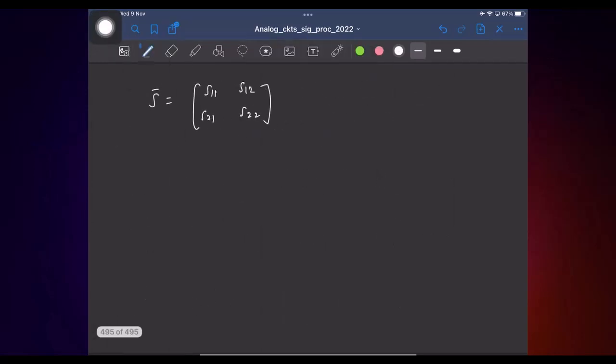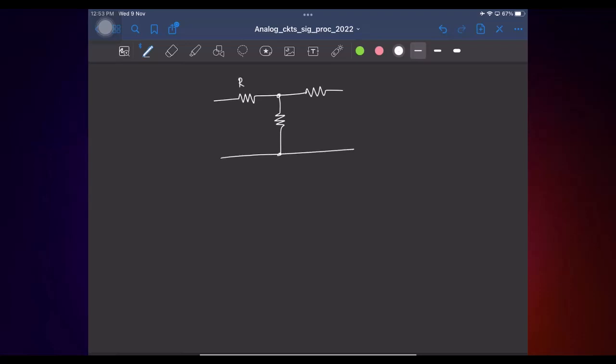So let me probably do a couple of examples. Let's say this is a two-port network, and I want to measure the two-port parameters.